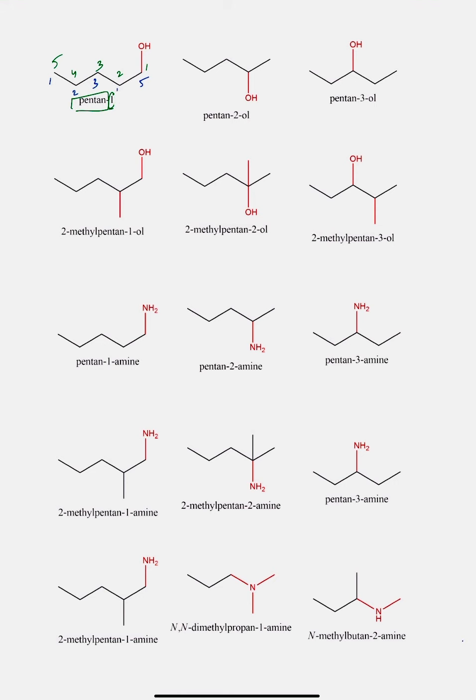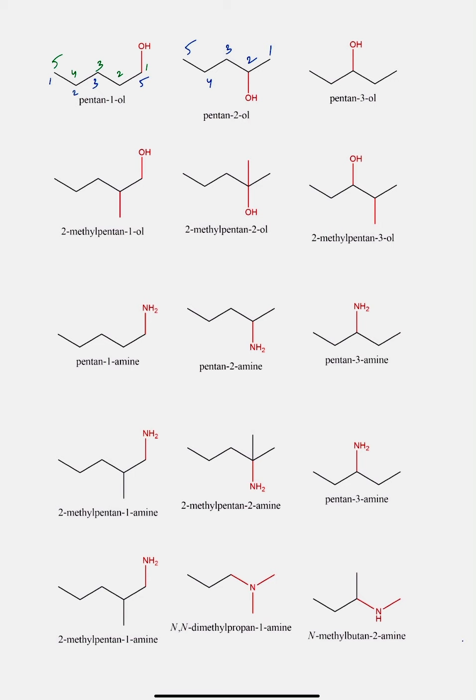So here the numbering in green is correct, and the name becomes pentan-1-ol. And in the second structure, again the numbering should be done from the right rather than from the left, because OH is looking more towards the right, so it's pentan-2-ol.